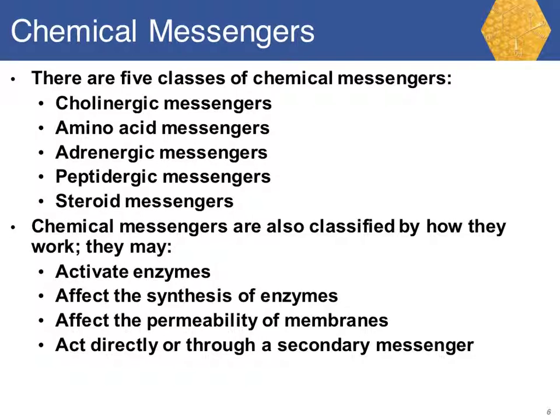Next, we talked about amino acid messengers. We talked about glutamic acid, aspartic acid, and cysteine acting as excitatory neurotransmitters, much in the same way as acetylcholine, epinephrine, norepinephrine, and dopamine do.